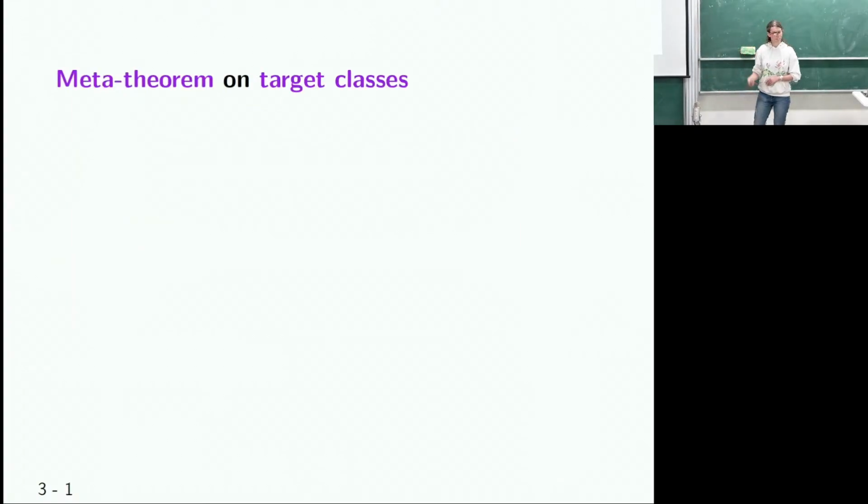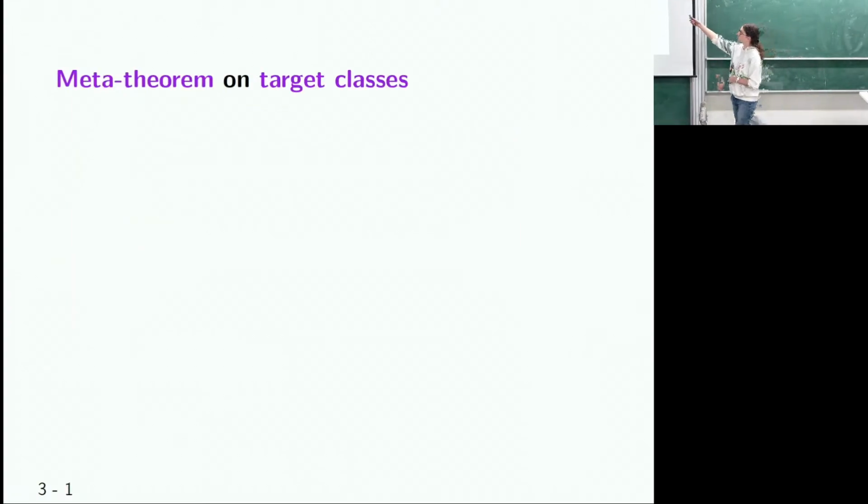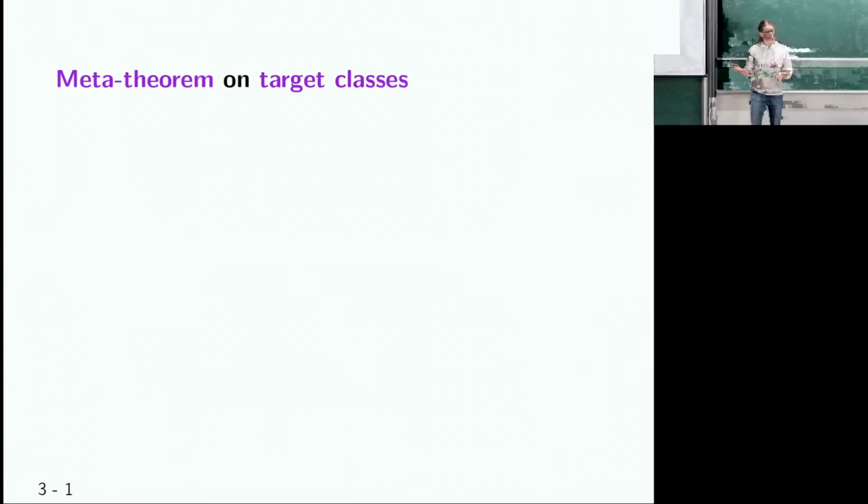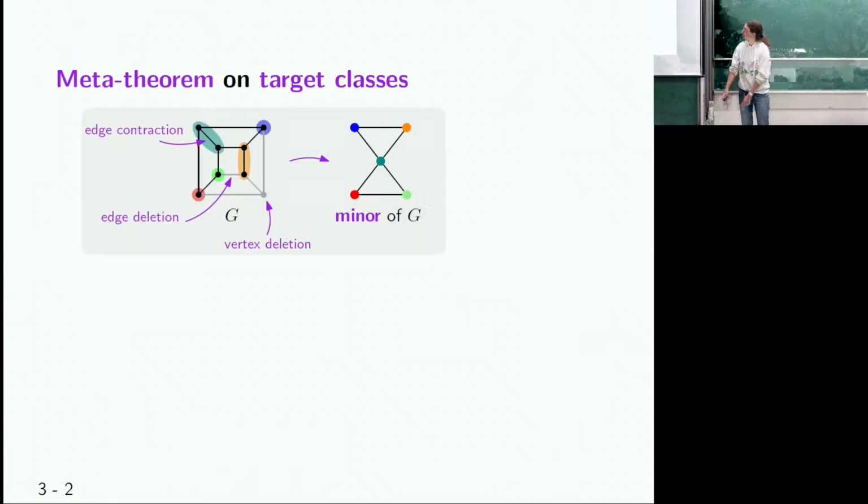So there are some results like this, for instance, where you fix your modification, but you find a result that works for a lot of target classes. So in particular, I will talk about minor classes. So H is a minor of G if it can be obtained by removing edges, removing vertices, and contracting edges.